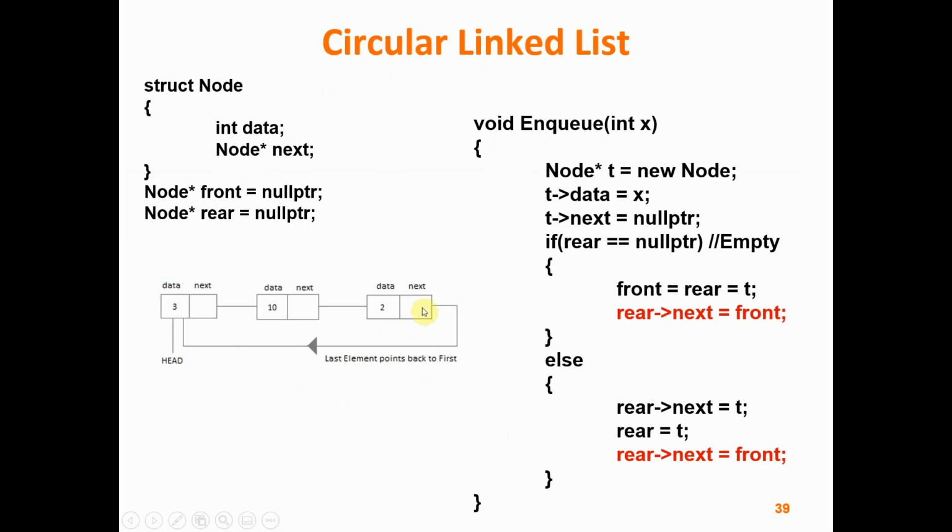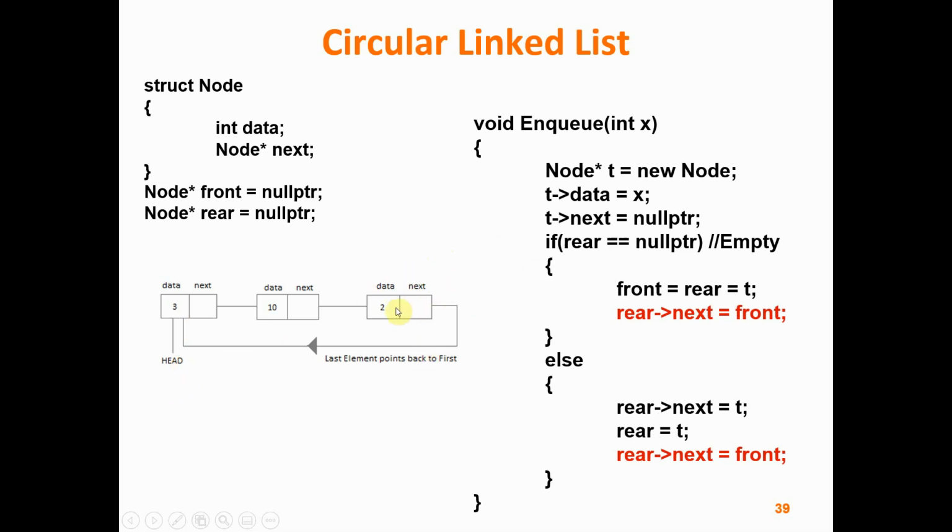The only changes that we have to make to our code to make this a circular linked list, right? In a circular linked list, the pointer at the tail is not going to be a null pointer anymore. It's going to be pointing to the head of the linked list, right? So we would have a tail pointer and a head pointer, or front and back or rear.